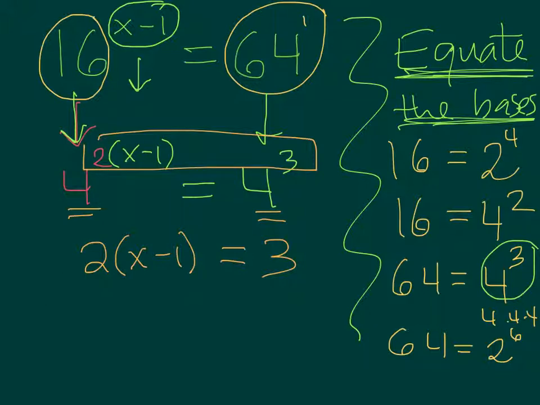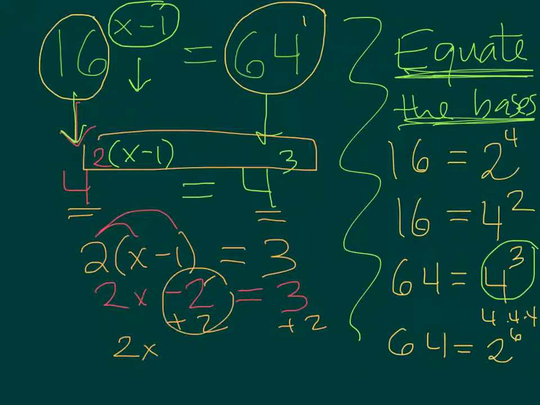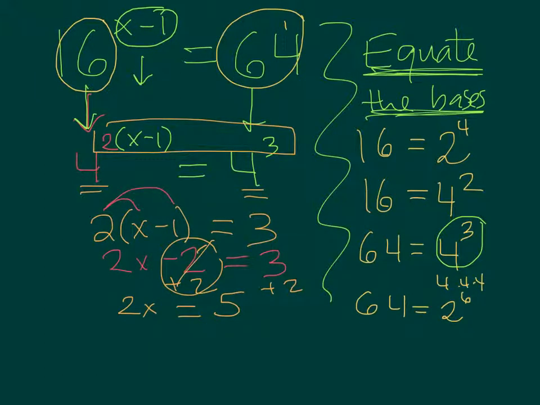I will distribute the 2 to get 2x minus 2 is equal to 3. Then add 2 on both sides: 2x is equal to 5. Divide both sides by 2, and our answer is x equals 5 over 2.